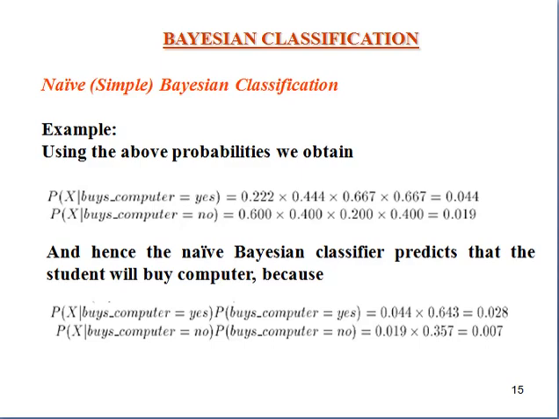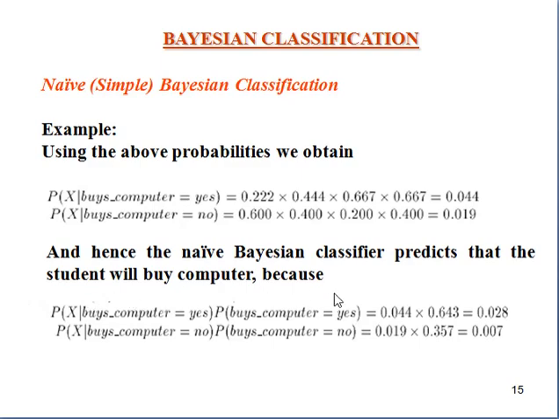Okay, so hence the naive Bayes classifier predicts that the student will buy the computer, right? So the output class for this specific unknown sample having these attributes, our classifier is predicting that the student will buy the computer. Why?